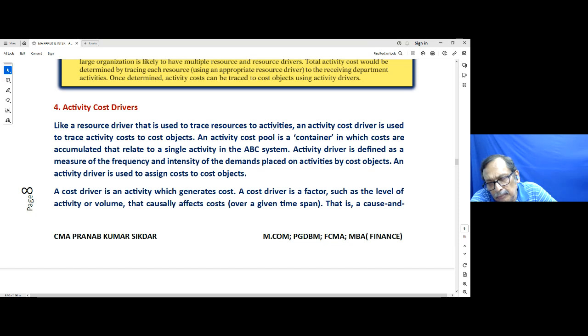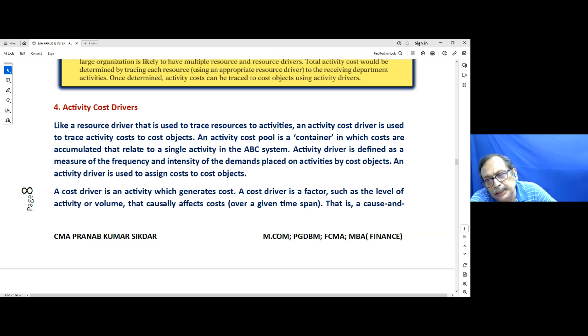What I want to say is, once you have the concept and perception, you can easily apply it in your examination, and also for cracking the interviews and finally getting the job. Now we are coming to the fourth item, that is called activity cost drivers.